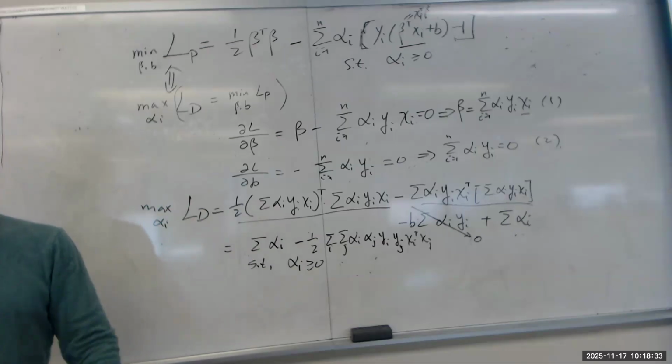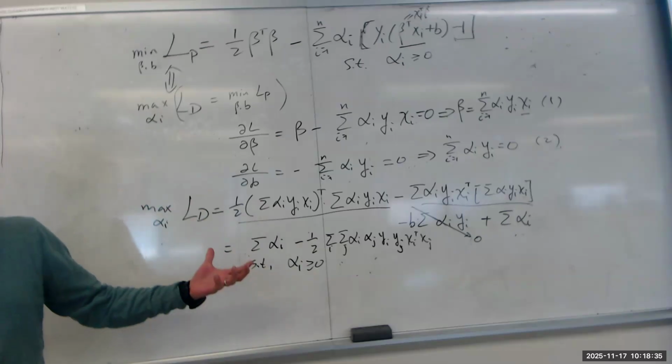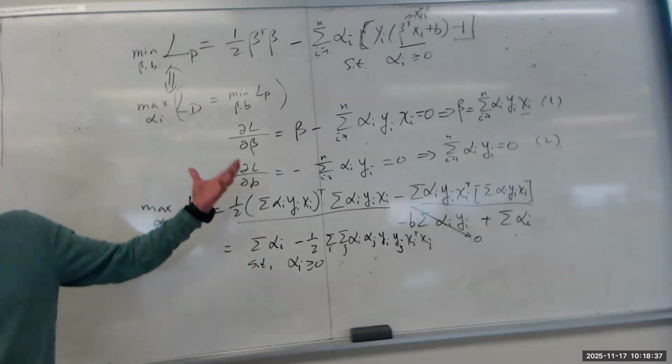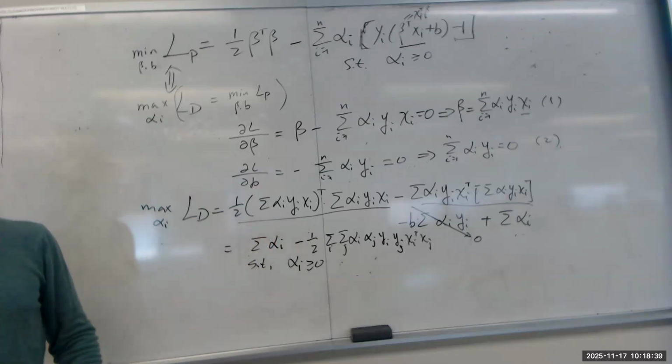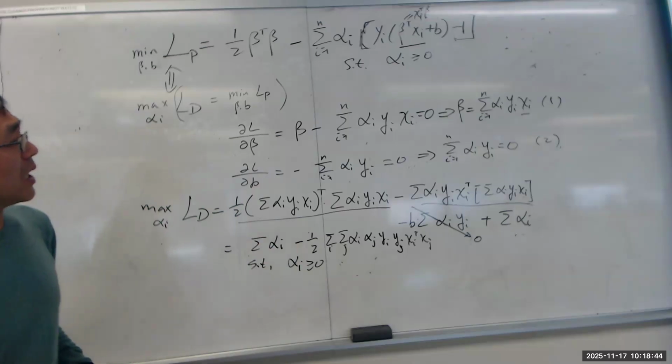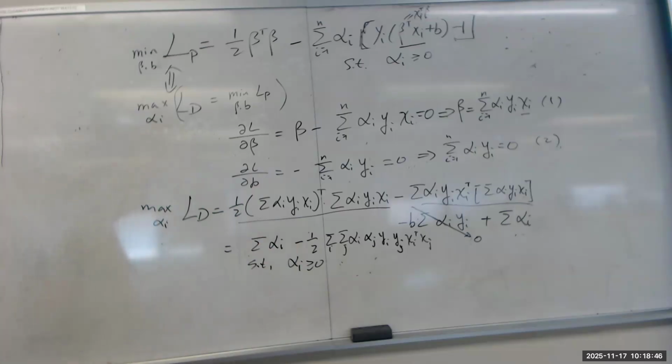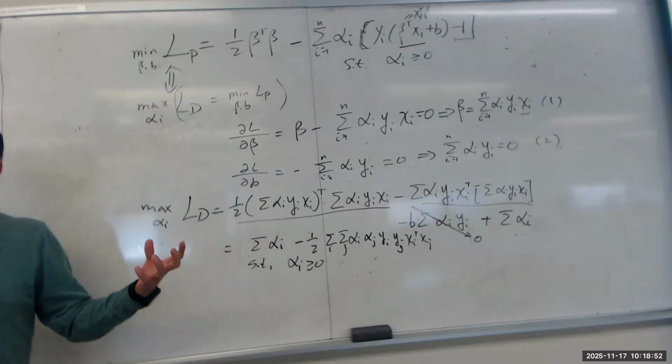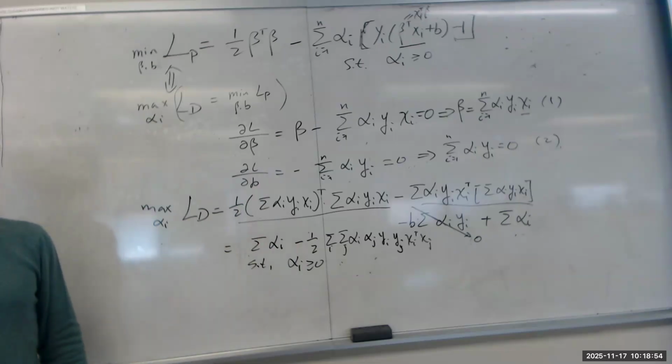If you plug it into any quadratic optimization solver, it should be able to solve it. It's very simple. Now let's look at what this solution looks like. Again, we are not going to be able to find a closed-form solution, but we can check some properties of it.